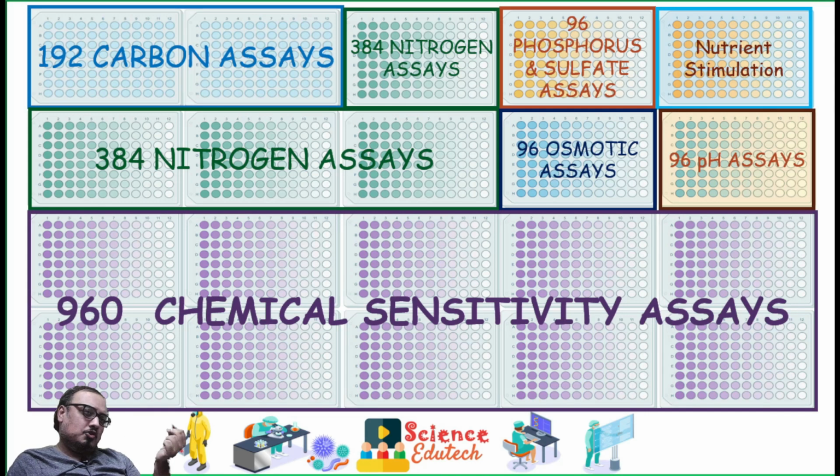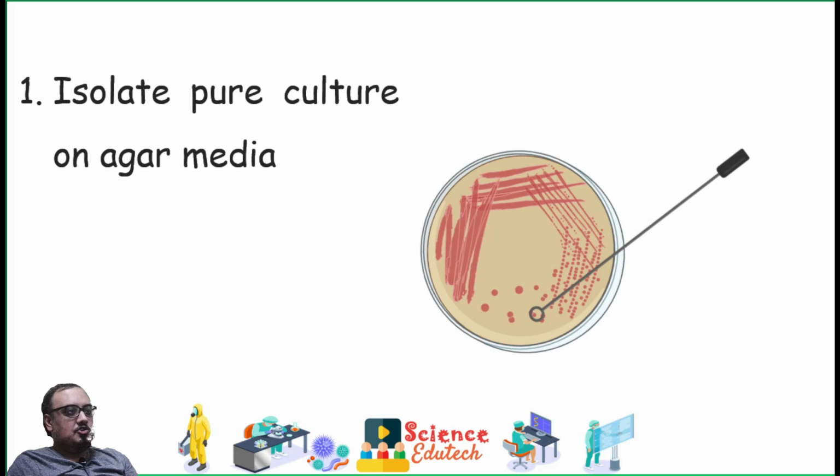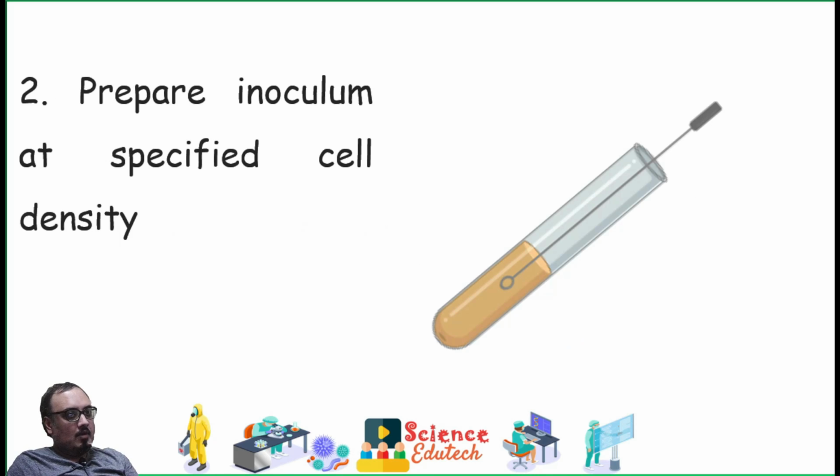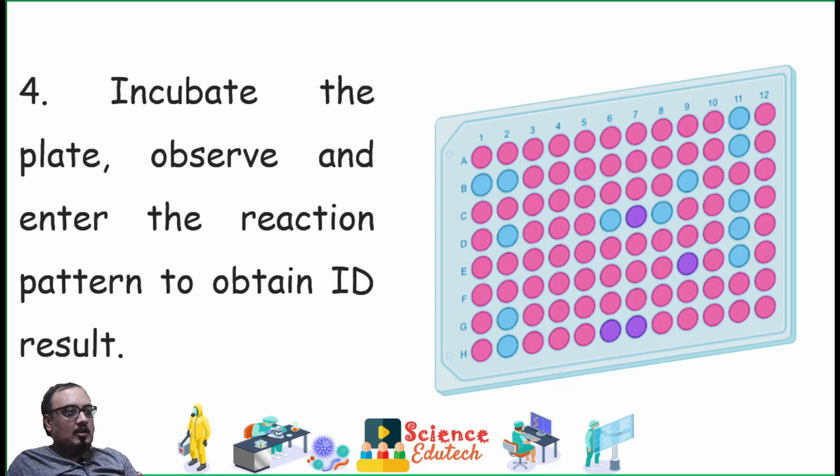Now coming to the procedure for the Biolog, it is very simple and straightforward. You just need a pure culture on the agar medium, prepare an inoculum at a specified cell density, and inoculate the Biolog microplate with that bacterial culture. Finally, after a fixed period of time, incubate the culture.